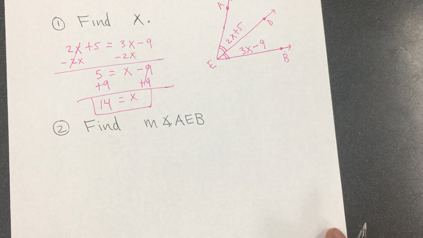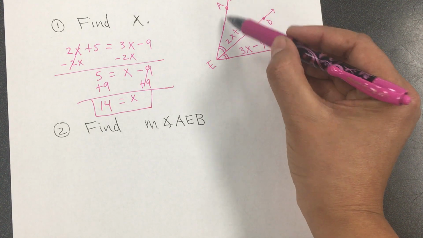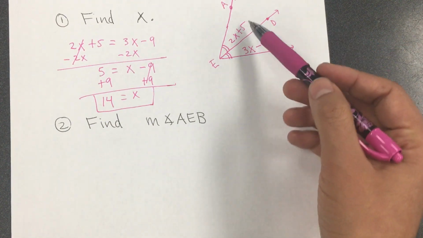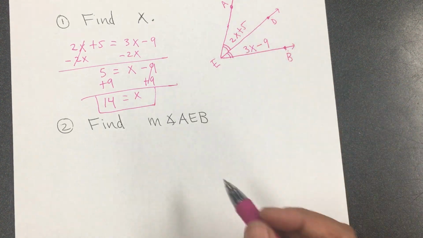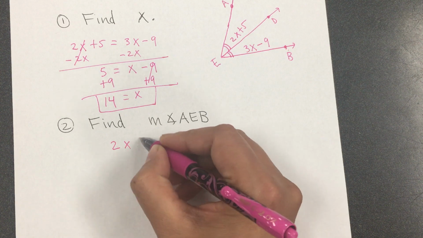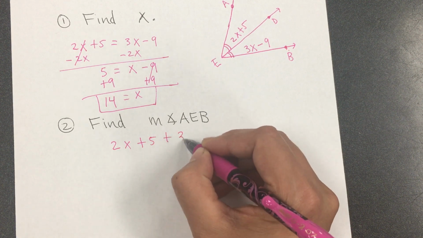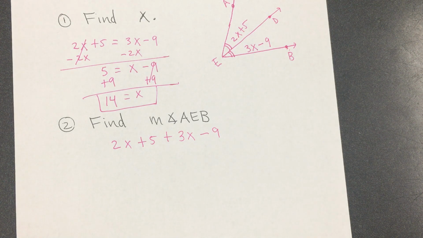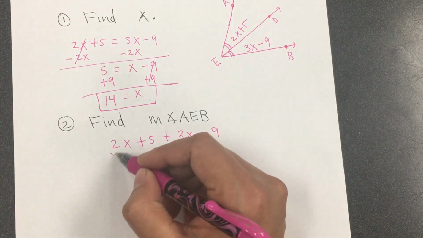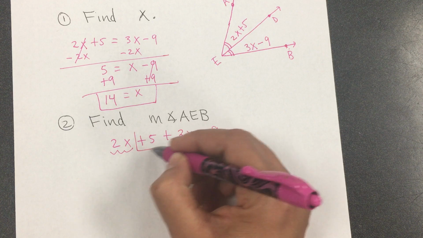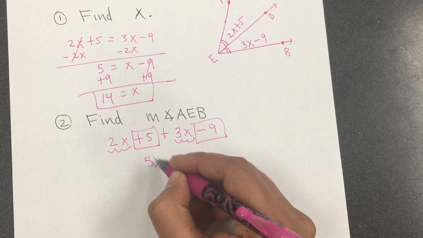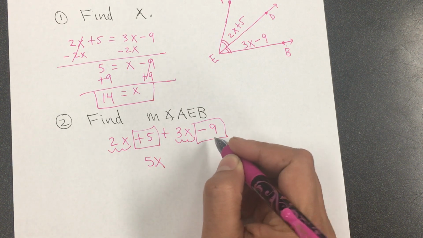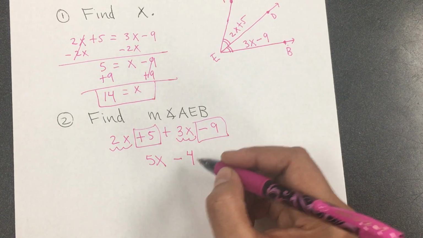Now it says find the measurement of angle AEB. AEB includes this angle and this angle. That means that I need to add the two angles together. 2x plus 5 plus 3x minus 9. I combine like terms and I get 2x and 3x gives me 5x. 5 and negative 9 gives me negative 4.